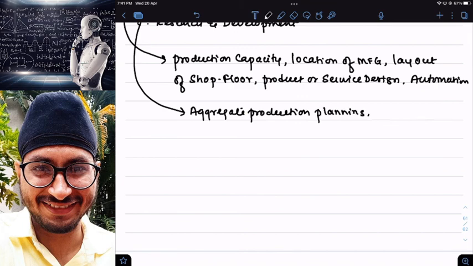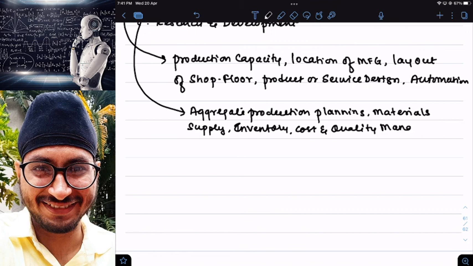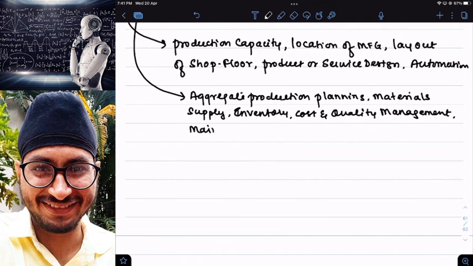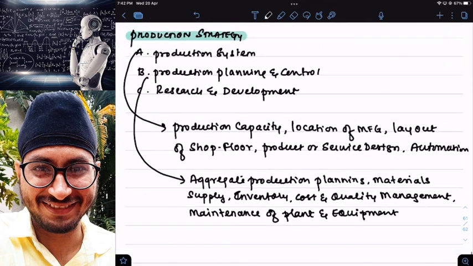It includes material supply, inventory, cost and quality management, plus maintenance of plant and equipment, etc. These are some examples of what is included in the production system and in production planning and control.